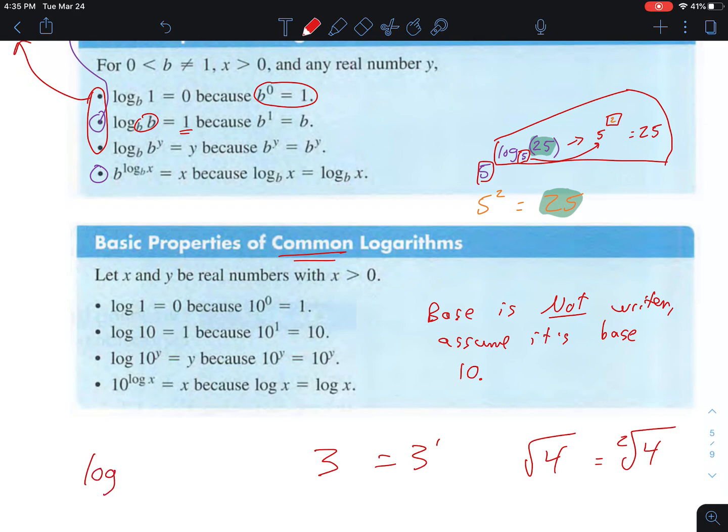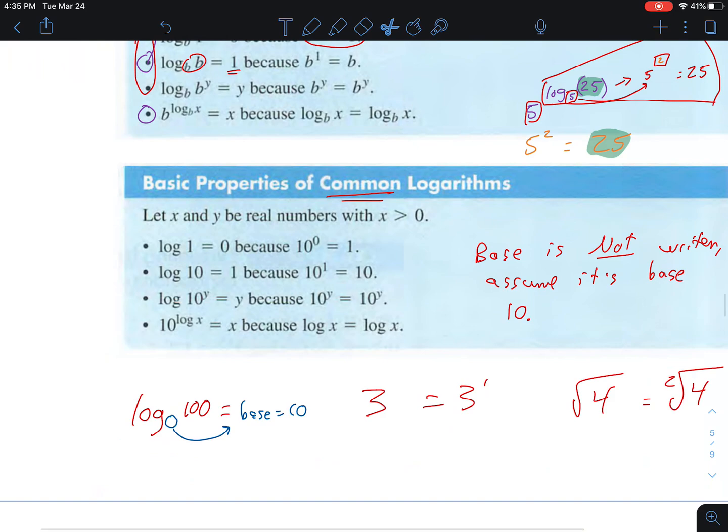Same thing. Let me do an example. Log of 100, nothing written there, would be my base right here. The base, which we cannot see, has got to be a 10.